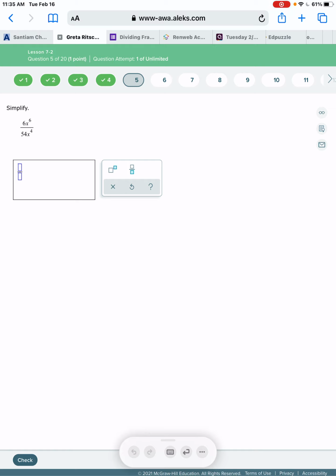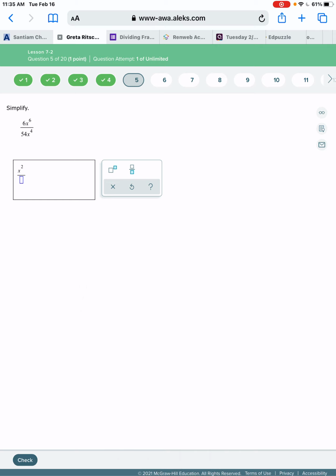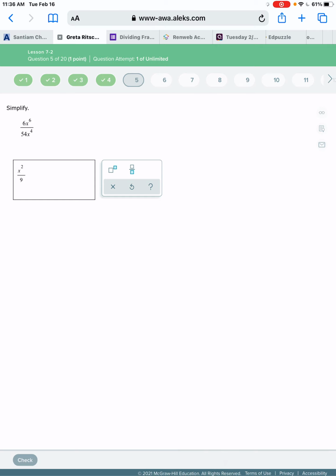I have x to the 6th over x to the 4. So that's x to the 6th minus 4, or x to the 2, because there's 2 of them left on top. And then on the bottom, I have 9, because I simplified my 6 over 54. So I think that is correct there.